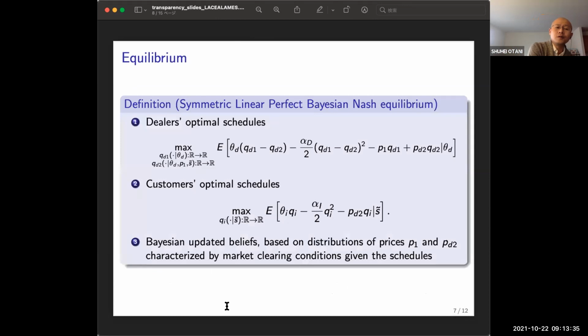And my solution concept is symmetric linear perfect Bayesian Nash equilibrium, which is standard in this literature. So it consists of traders' optimal schedules given the beliefs, and the beliefs are updated in a Bayesian way, given the distributions of clearing prices that are characterized by optimal schedules.